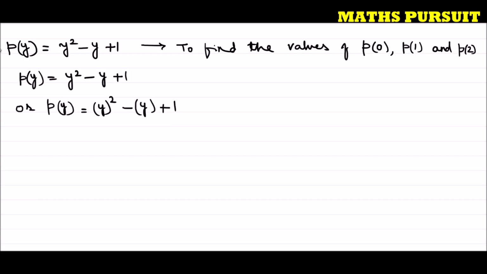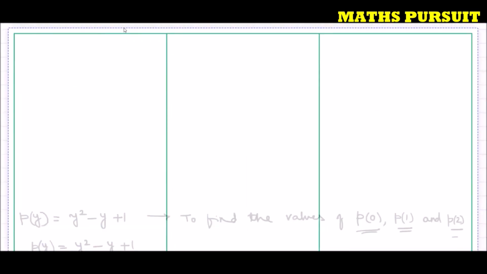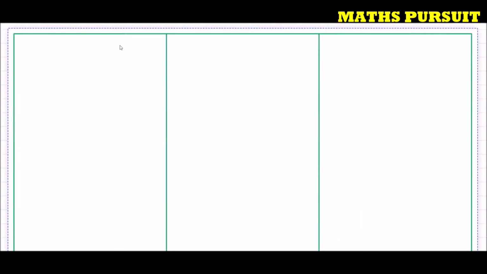Now, question is asking us to find out the values of P(0), P(1) and P(2). We can solve it in a columnar manner so that it would be easy for us to get the answer.